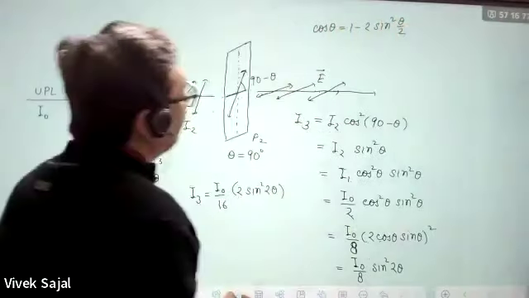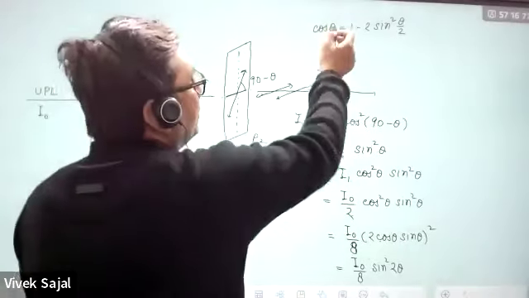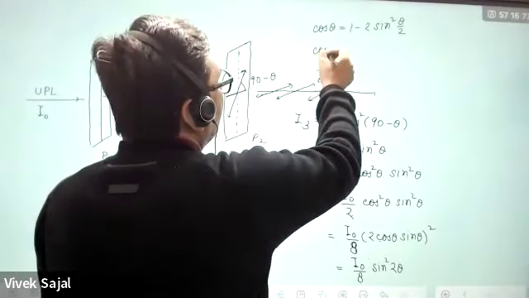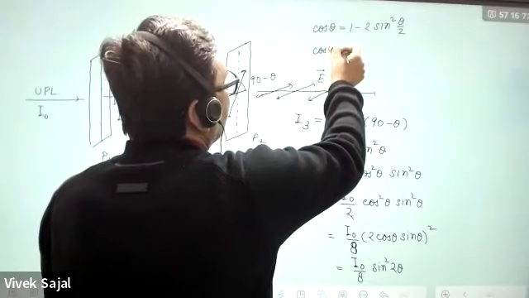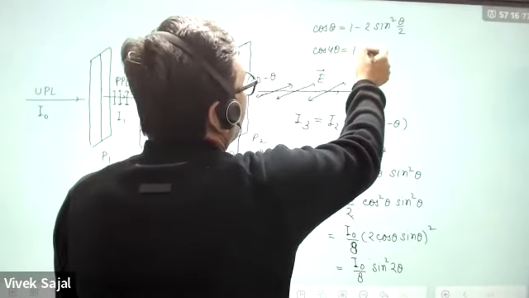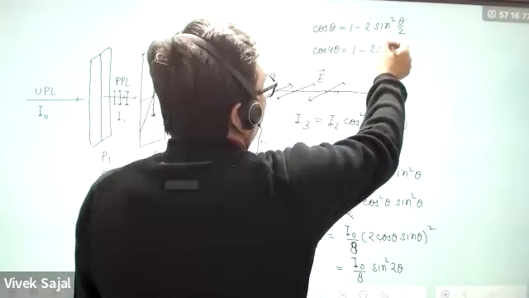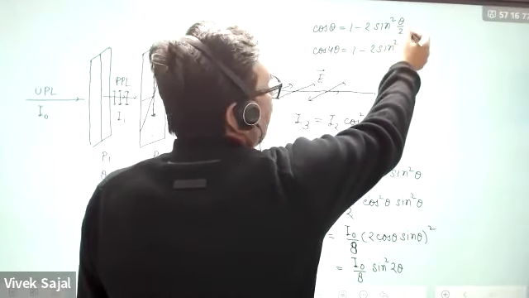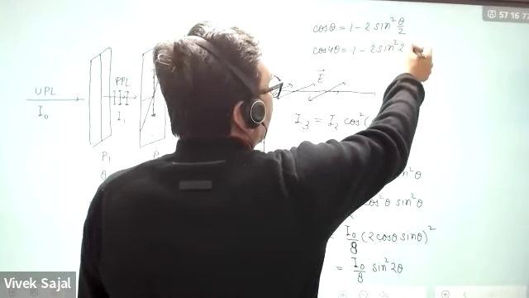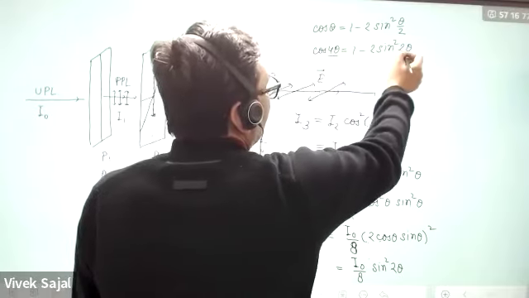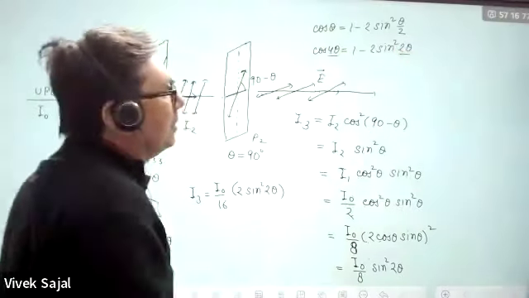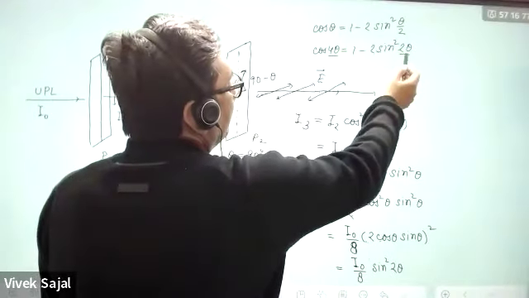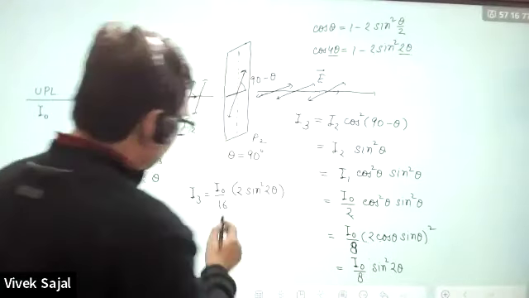If you replace theta by 4 theta, then this will be 1 minus 2 sine square of 4 theta by 2, which is 2 theta, half of this. So 2 sine square 2 theta is 1 minus cos 4 theta.